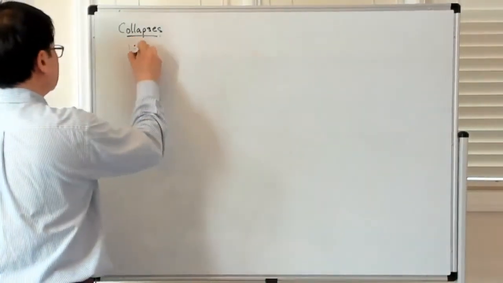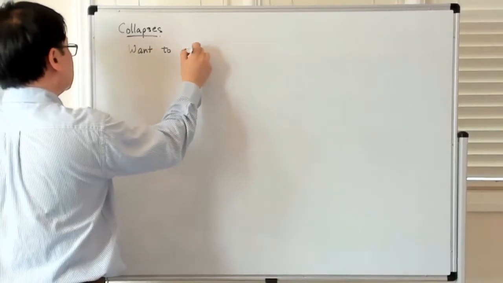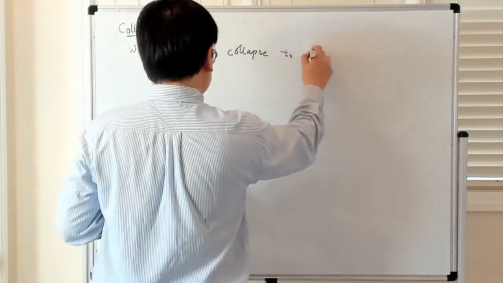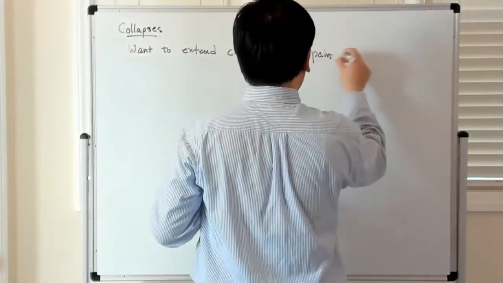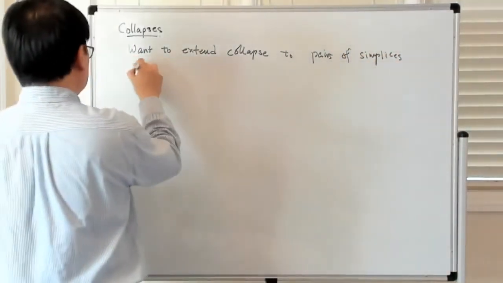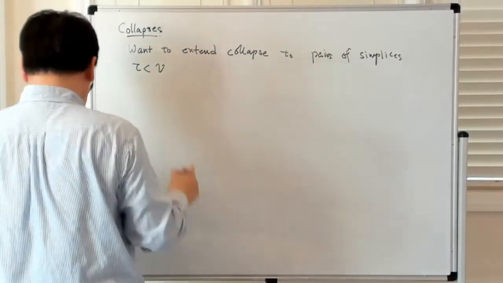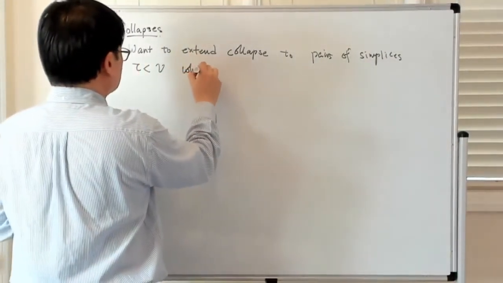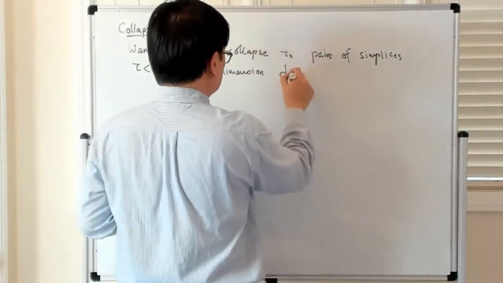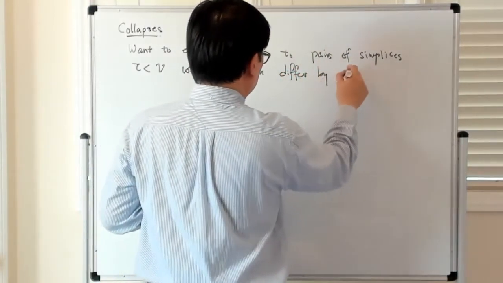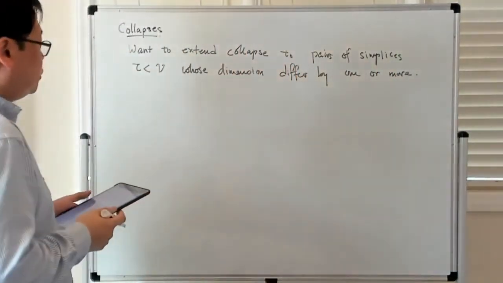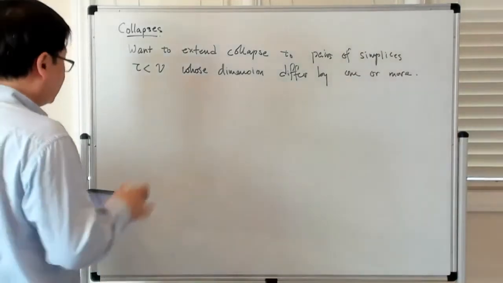We want to extend the notion of collapse to pairs of simplices, let's call them tau and nu, whose dimensions differ by one or more. We already did the case where they differ by one; we want a definition where larger dimensional differences are allowed.